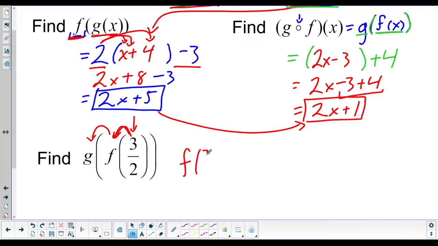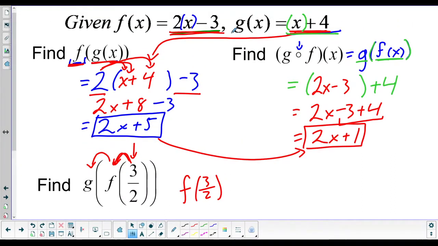F of 3 over 2 means we're going to take our f function, 2x minus 3, where the x is, put parentheses, minus 3, and we're going to plug in the 3 over 2 to the parentheses. We're plugging in a number now instead of a function.